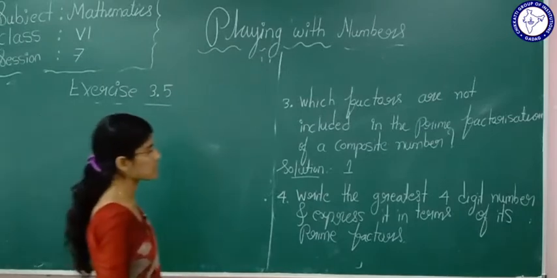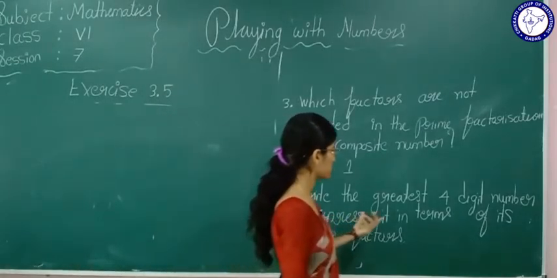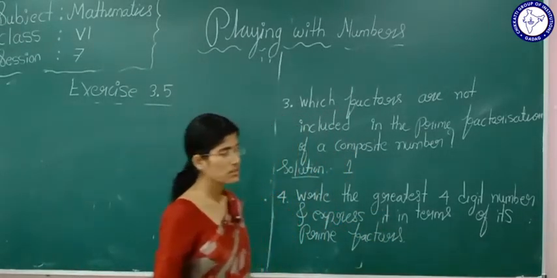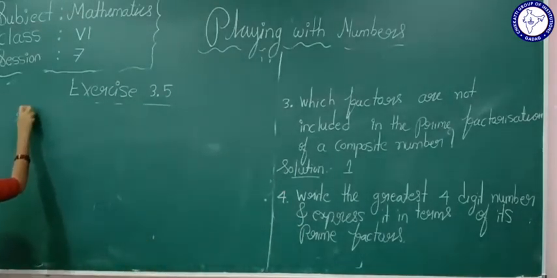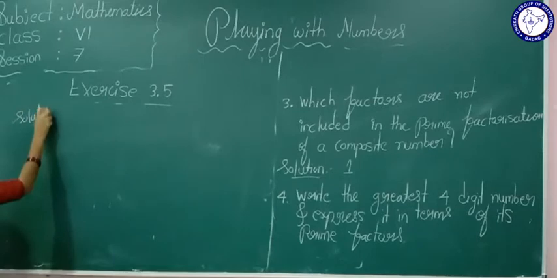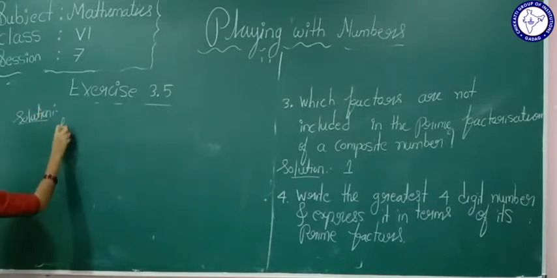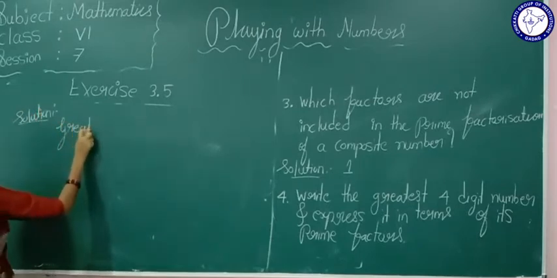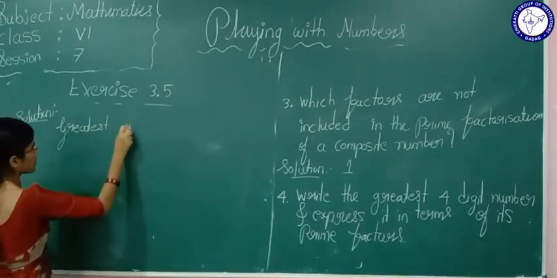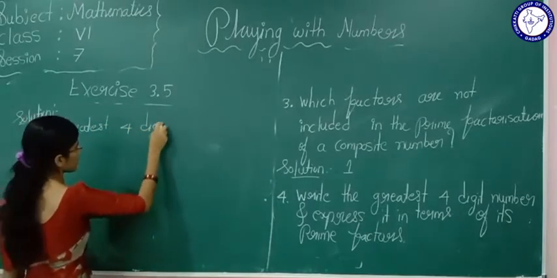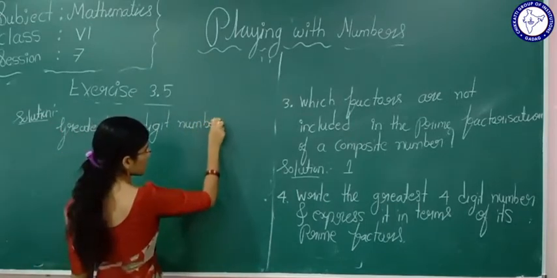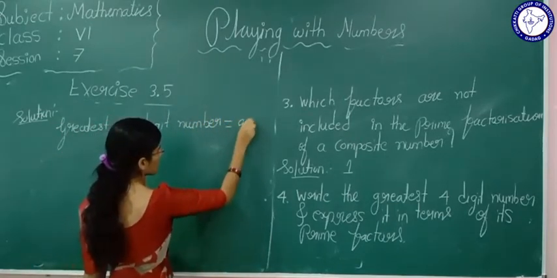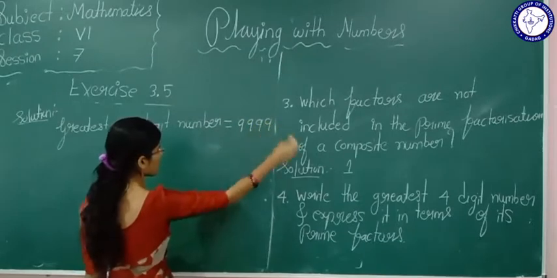Now see the fourth question. Write the greatest 4-digit number and express it in terms of its prime factors. Which is the greatest 4-digit number? The greatest 4-digit number is 9999.